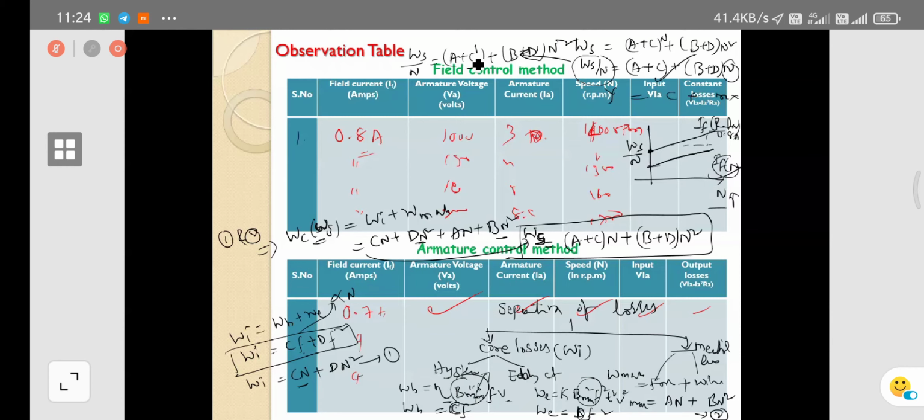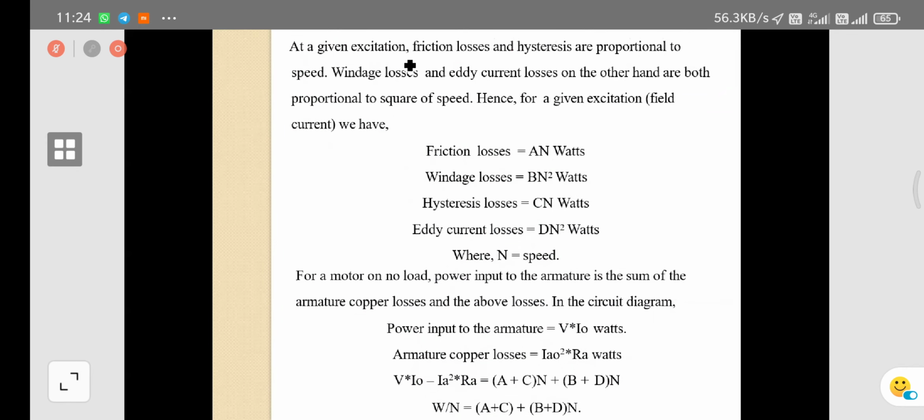Then you get A plus C dash and B plus D dash. A and B are the same, since there is no change in the friction and windage losses. These things are already written here, but I want to explain: at a given excitation, the friction losses and hysteresis losses.